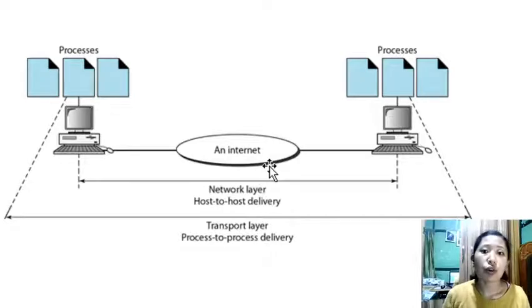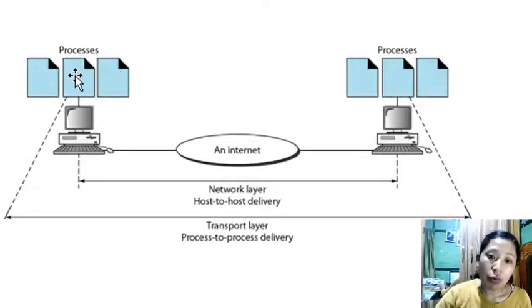A process is nothing but a program in running form. One computer can have many programs, and more than one program may be generating messages to be communicated via the network. The message has to be delivered only to the process it is destined to. You can see in this diagram that there are three processes currently running in the sender computer, and three processes running in the destination computer.